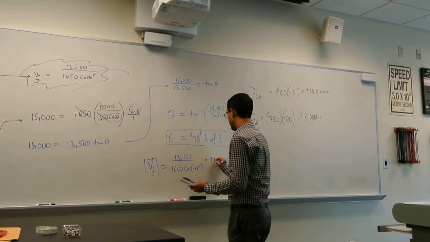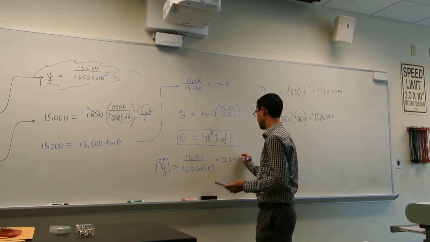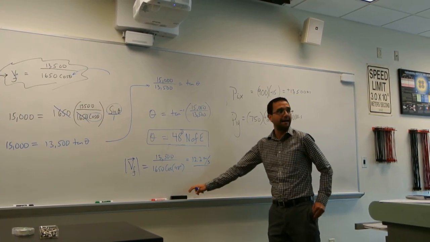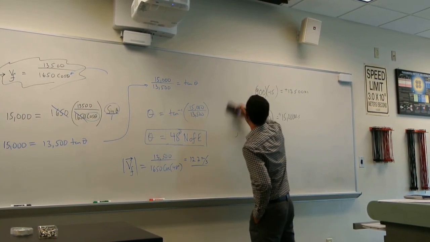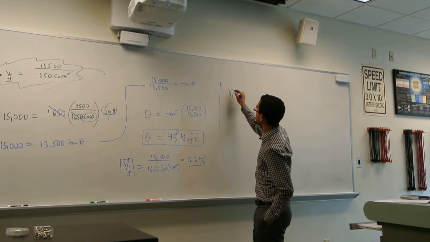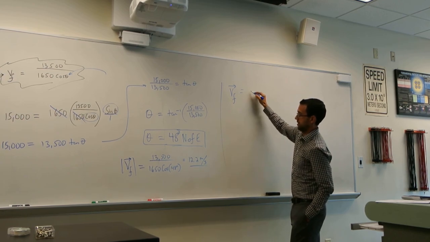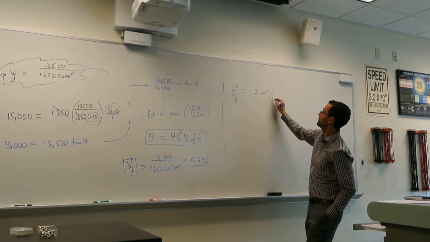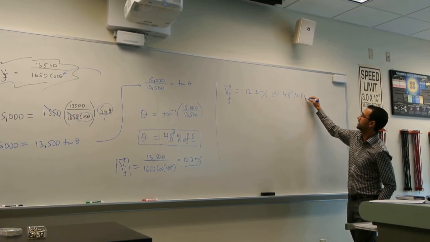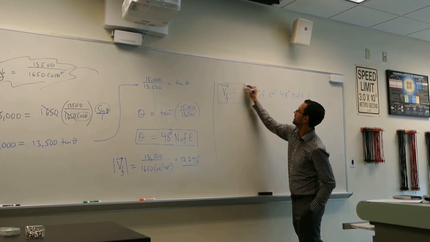We're getting 12.2 meters per second. So the final velocity of the wreckage is VF equal to 12.2 meters per second, that's the magnitude of the vector, at 48 degrees north of east. That would be the direction of the vector.